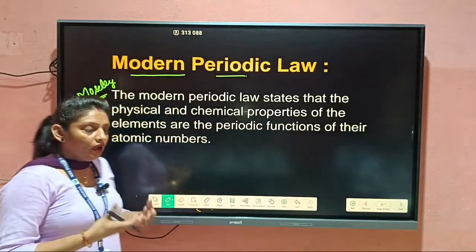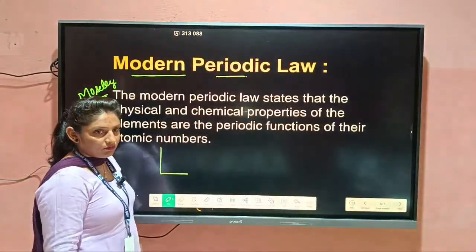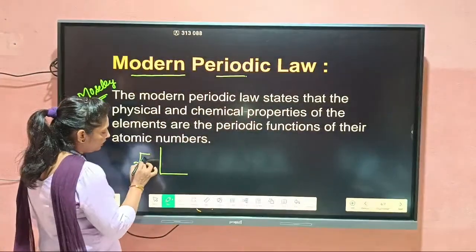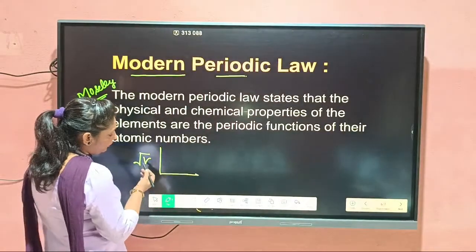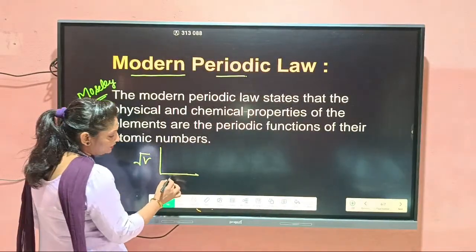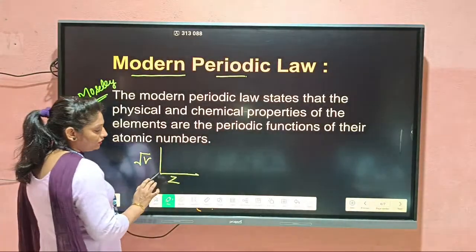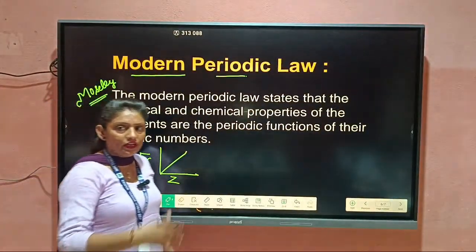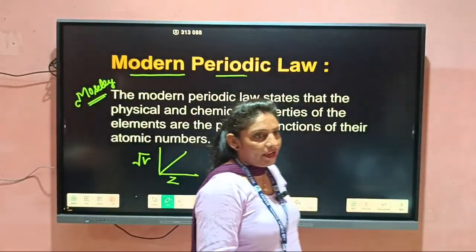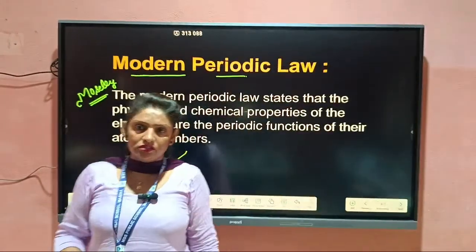But Moseley drew a graph between the square root of the frequency of X-rays and the atomic number. Then he found that the graph was a straight line, meaning the atomic number increases gradually and continuously. It is a continuous graph.